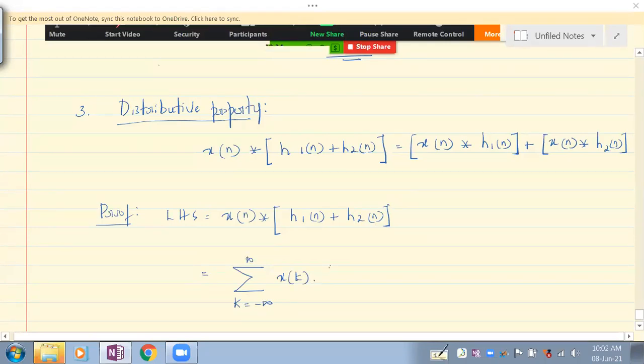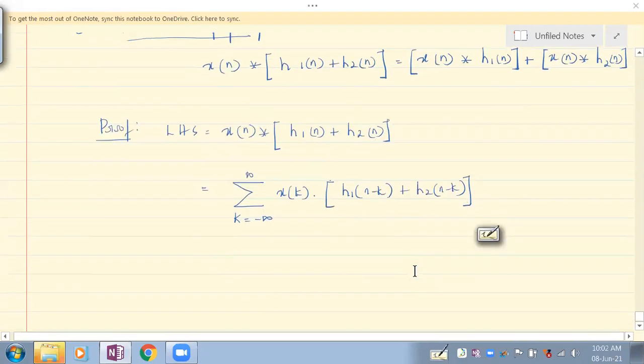So it is h1 of n minus k plus h2 of n minus k. This is the equation of convolution sum. The first signal would have x of k, the second signal would have n minus k. The second signal is the sum of the two signals, so in both the signals, n would be replaced by n minus k.